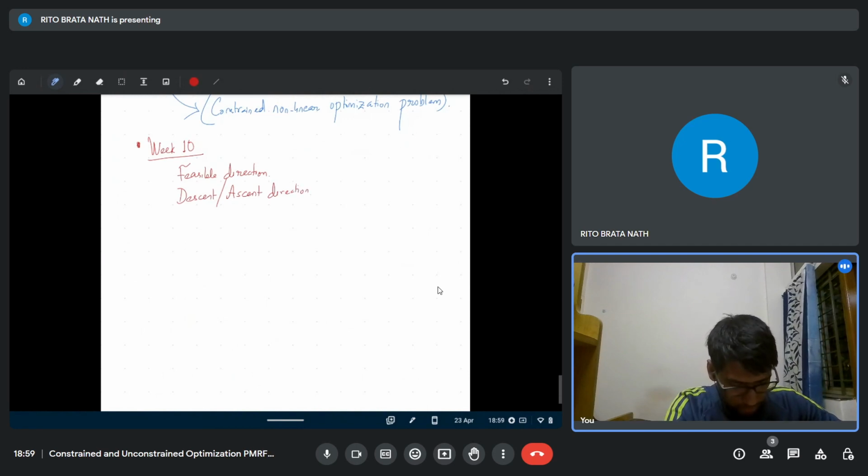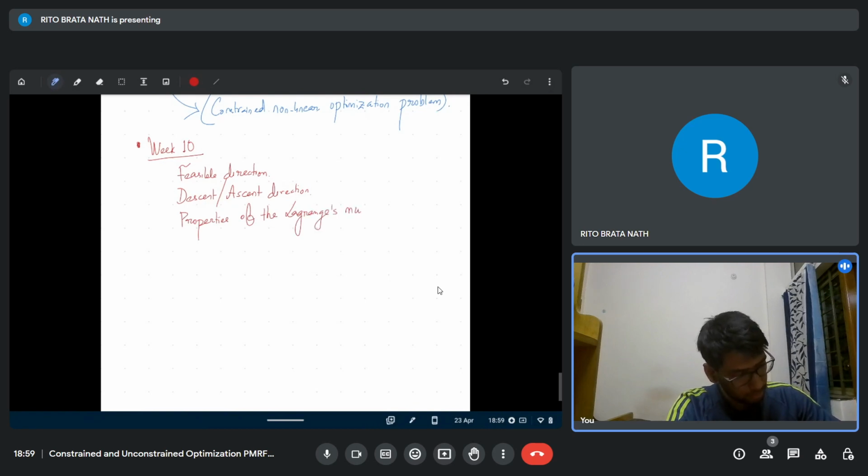Then you had, I think, similar problems only. Then properties of the Lagrange multiplier, and then you had KKT conditions.